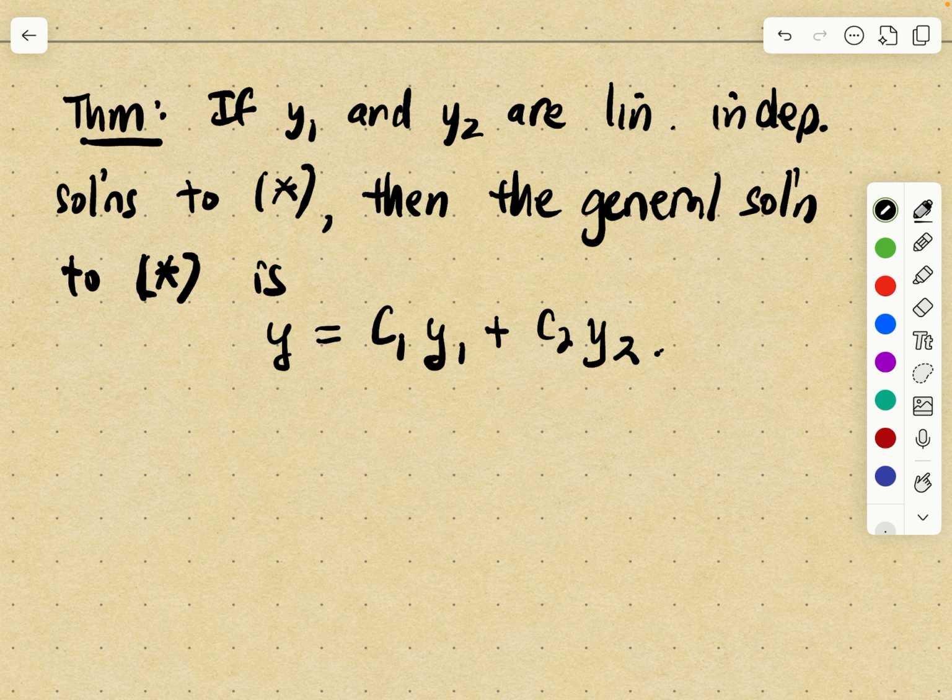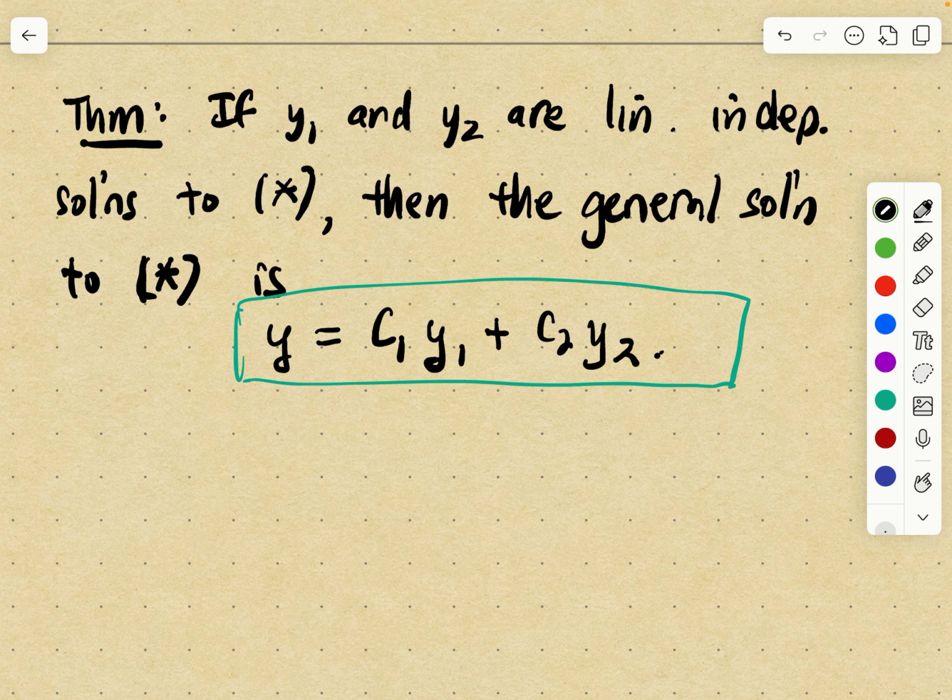Going back to this theorem, it is helpful because it's saying that once you have your y1 and y2, then you actually know the general solution. It's just this. So all you need to do is find the y1 and y2.